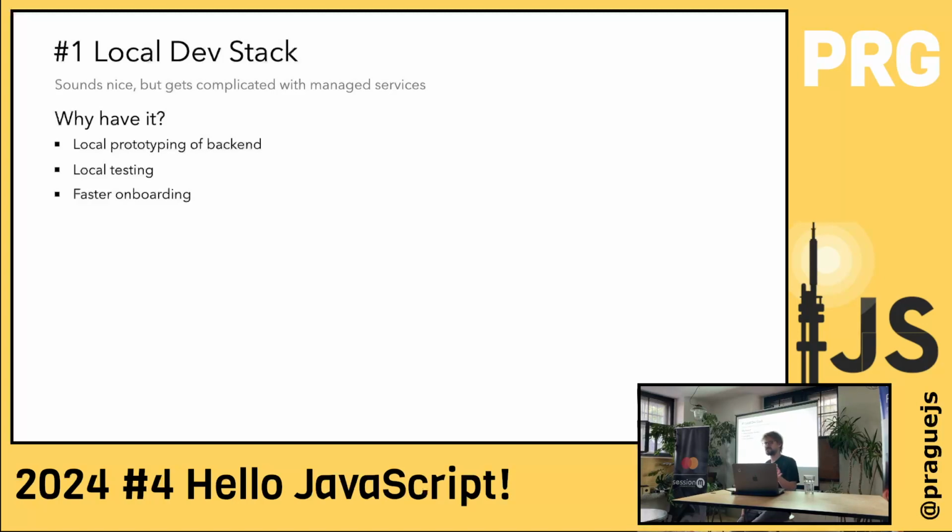The testing, of course, is only to some extent because in production it runs on the managed services and they have their own ways of being. The cost is better because it runs on your laptop and you don't need to pay for the managed services.